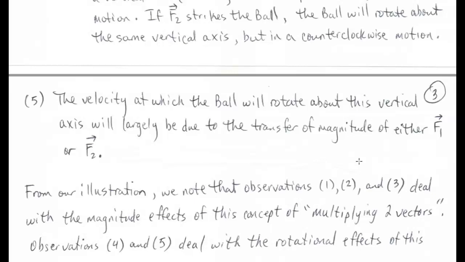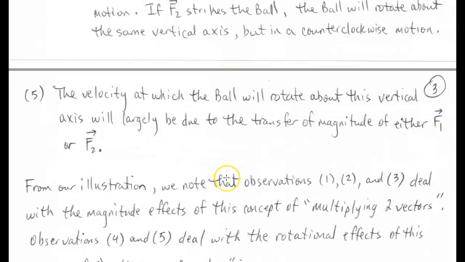It's just that the difference is that magnitude transfer will refer to the motion along the vertical axis there, which will end up being perpendicular to the forces that are acting in the plane where we're talking about the dot product. Okay, and again, I'll get more into detail with that in the cross product video.